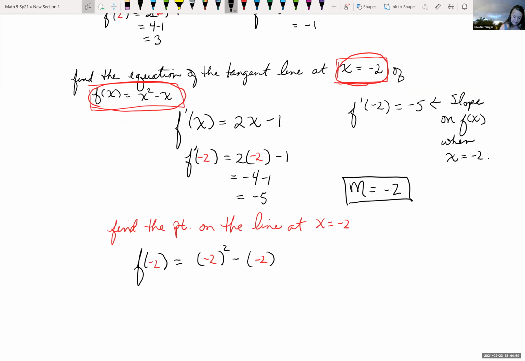So we get back negative 2 quantity squared is 4, minus a negative is really plus, so plus 2, this equals 6. So I know now we have a point when x was negative 2, y was 6.